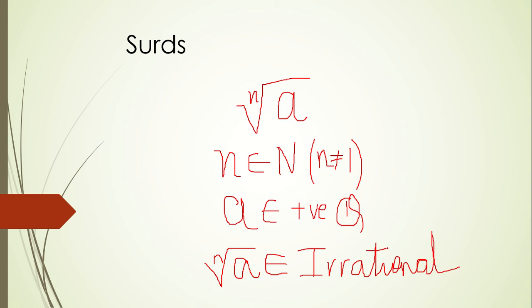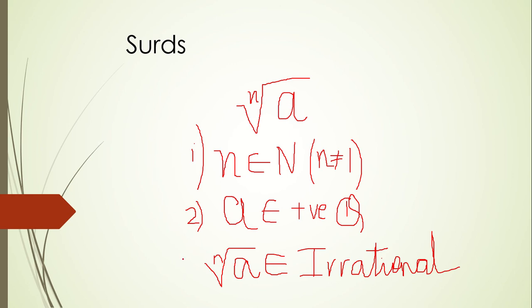So the 3 points that you have to remember for the definition of surds in this nth root of a: First point, the order n has to be a natural number but not equal to 1, because if it is 1, then that radical sign will not be there. Number 2, the radicand, that is this a, the number inside the radical sign, should be a positive rational number. Means it should not be negative.